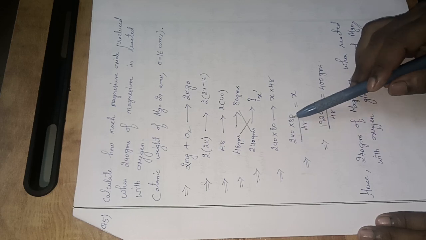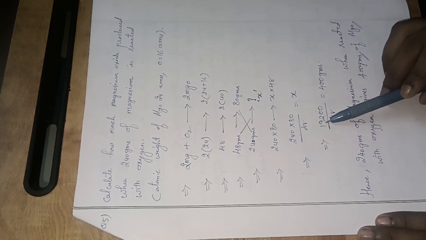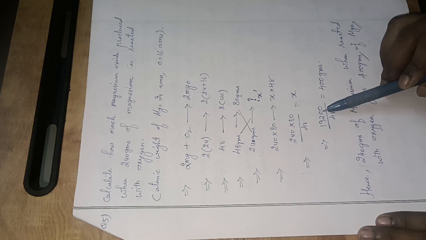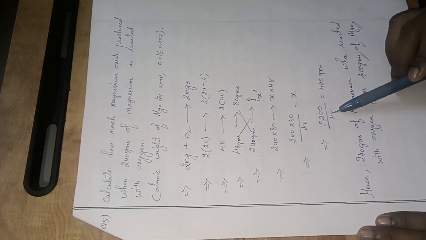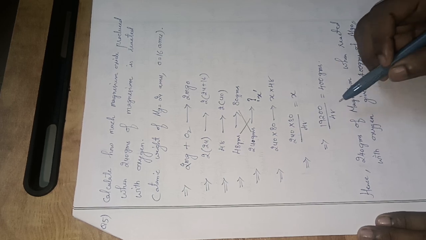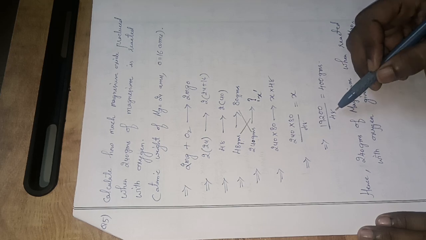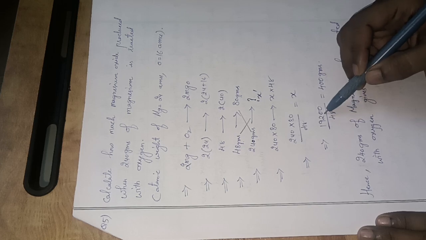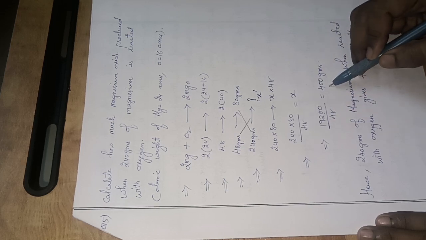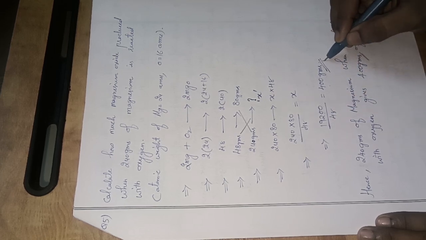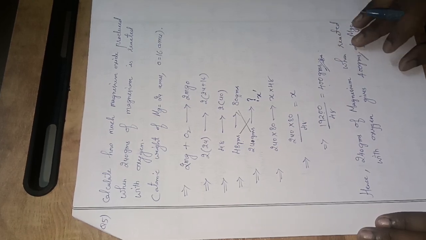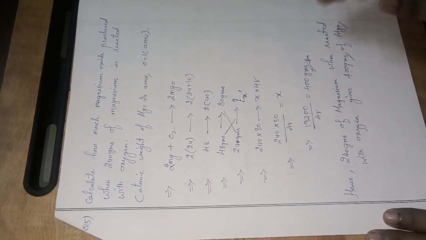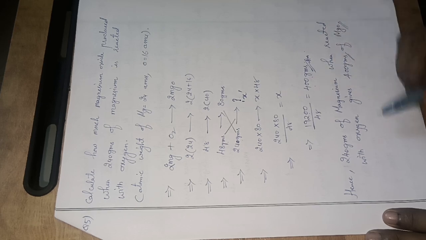Now 240 into 80 is 19,200. Dividing 19,200 by 48, you will get the answer 400 grams. So X equals 400 grams.